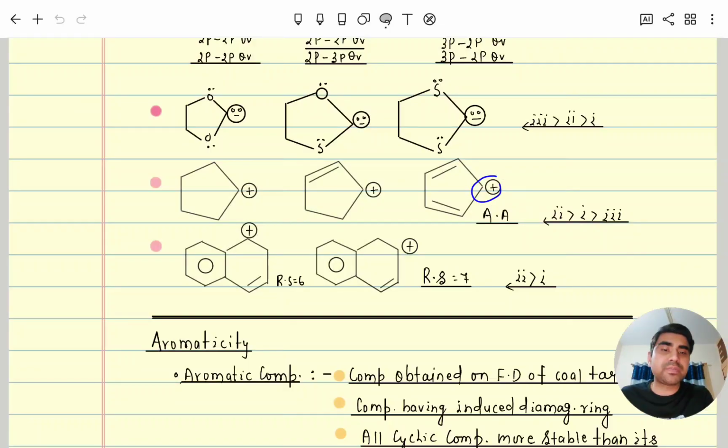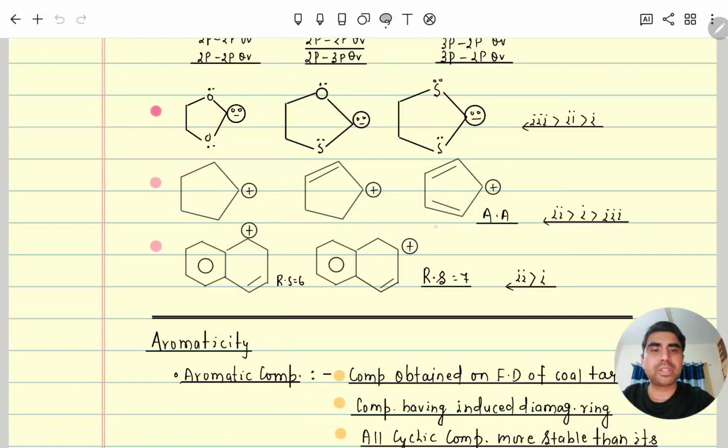But overall, always remember that stability order is determined first by sigma resonance, after that quasi-aromatic, after that aromaticity, then resonance, then hyperconjugation, then inductive. I repeat, stability we will determine first by dancing resonance or sigma resonance priority order.